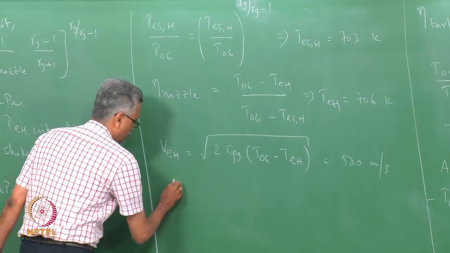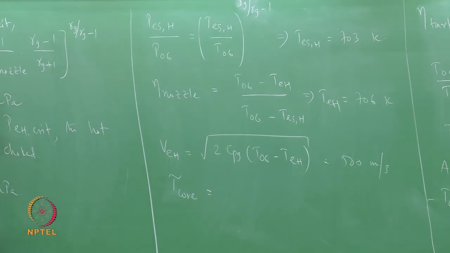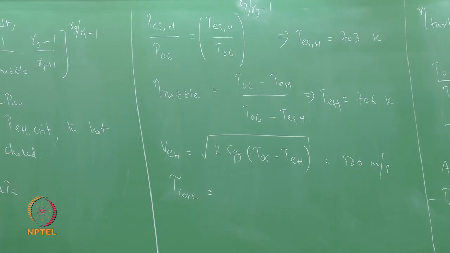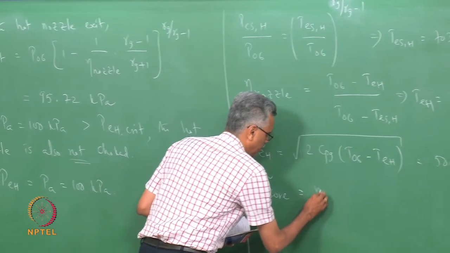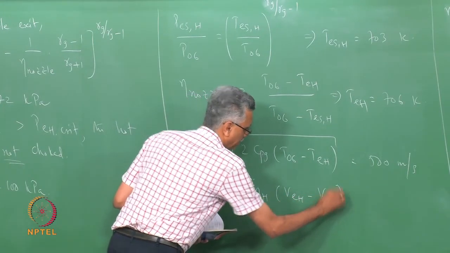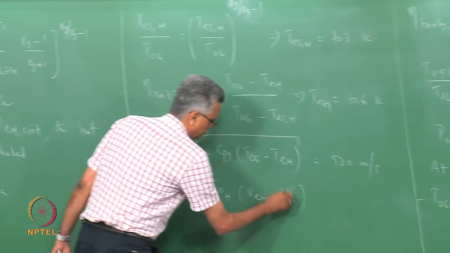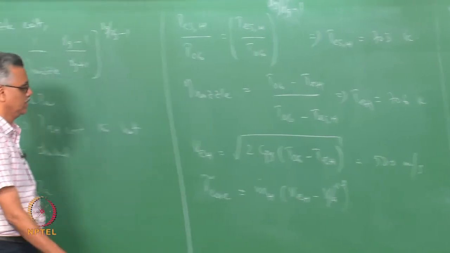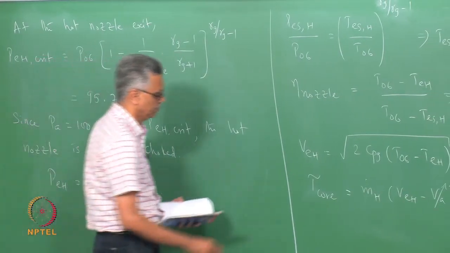The thrust produced by the core engine, remember here also the pressure thrust is 0 because the nozzle is not choked, so PE is equal to P ambient. That means the pressure thrust is 0, so the thrust produced by the core engine is going to be m dot h times (VEH minus VA), and VA is equal to 0 because the engine is on a static thrust stand.